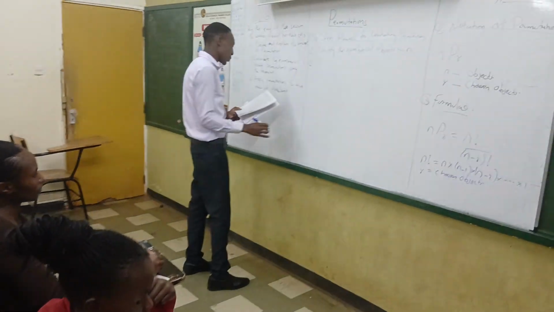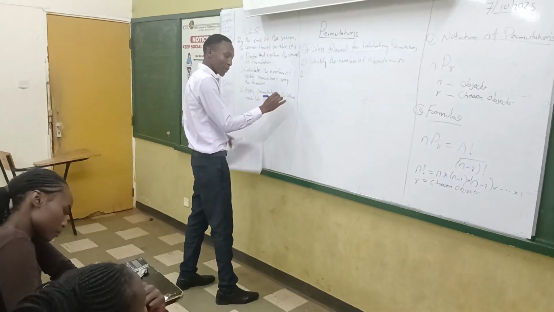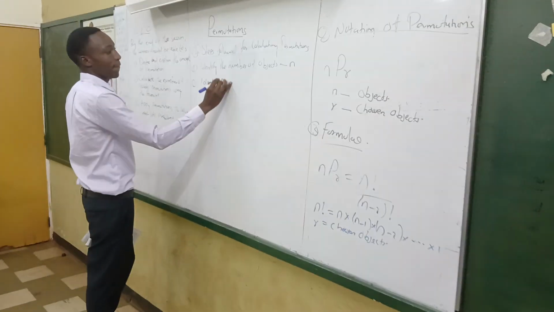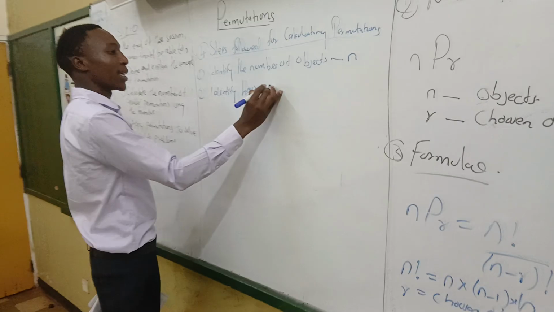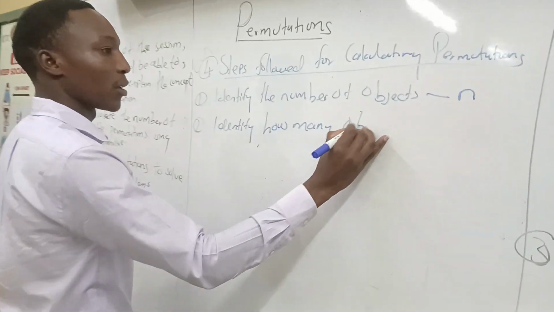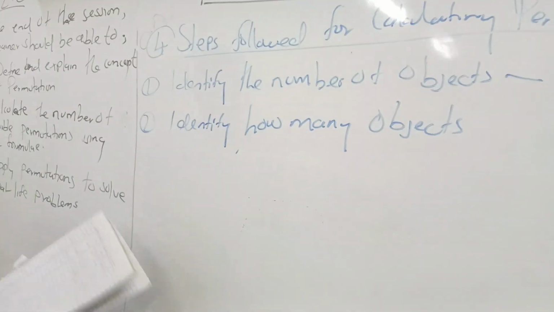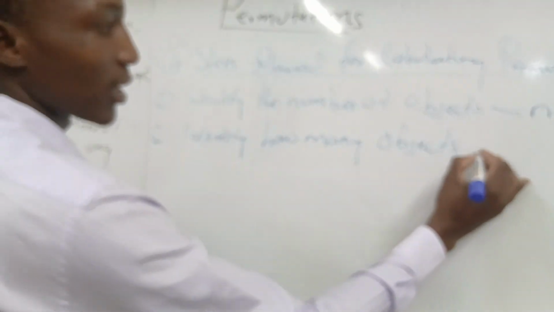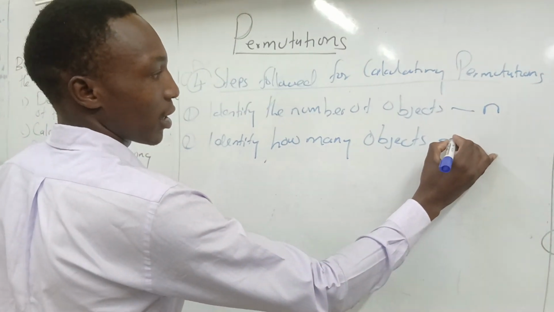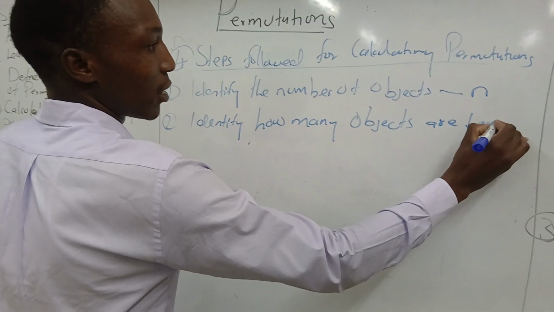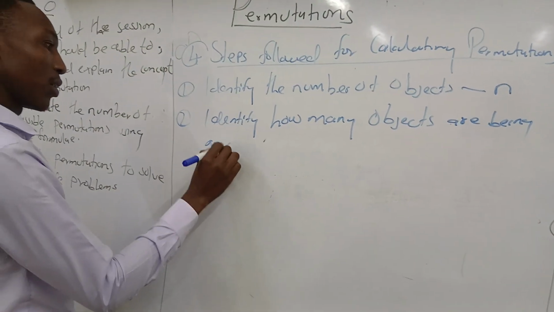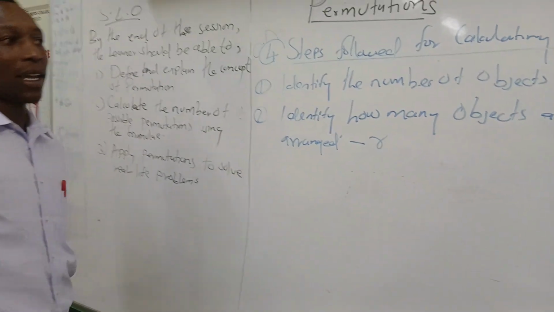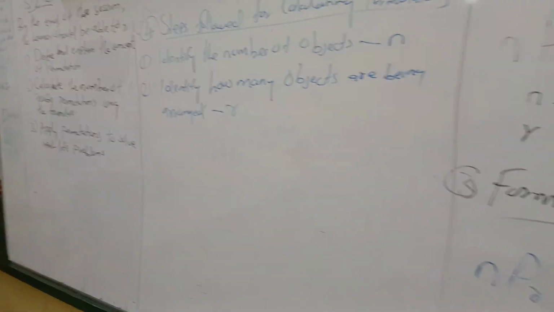So step number 2, identify how many objects are being chosen or are being arranged. That is our r.